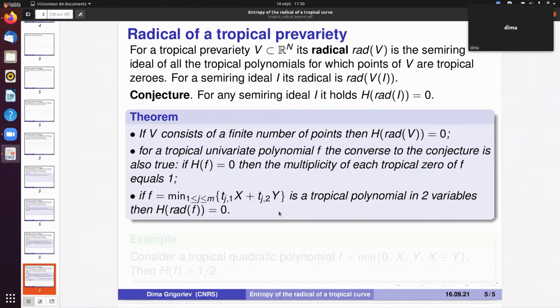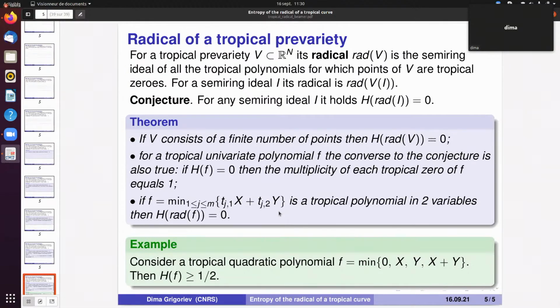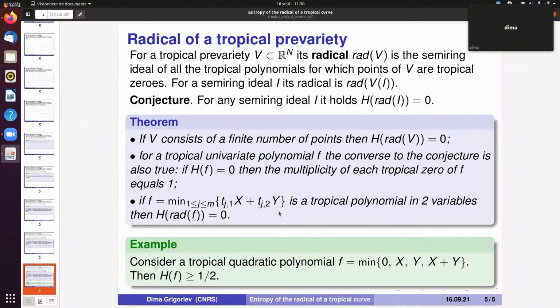Okay, and I finish with the example which shows that the entropy could be positive, for a non-radical ideal. So we consider a single polynomial. By the way, it's another difference from the classical setting that you consider a principal ideal, the ideal generated by a single polynomial.